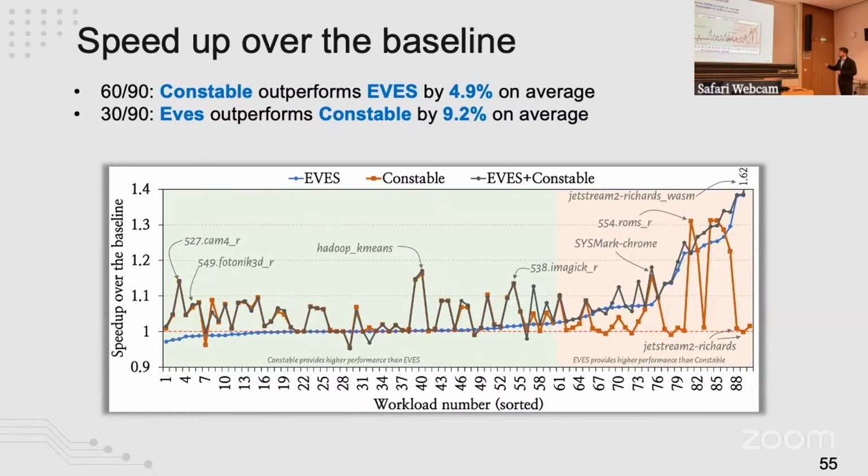These workloads are sorted by the performance of EVES over the baseline. We can see that in 60 out of 90 workloads, Constable outperforms EVES by close to 5%, while in the remaining 30, EVES outperforms Constable by 9.2% on average.